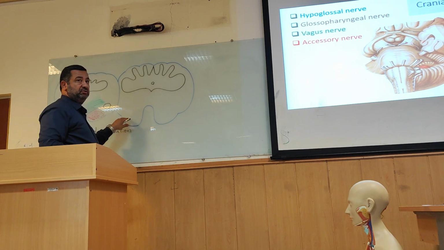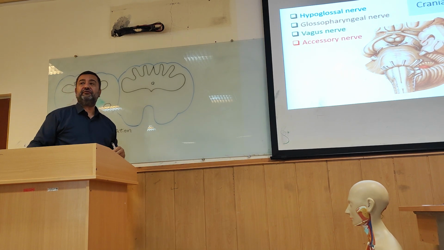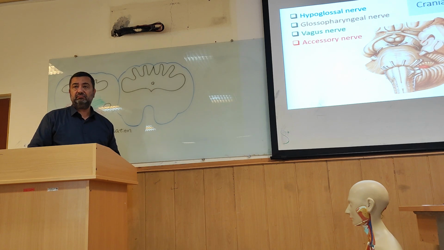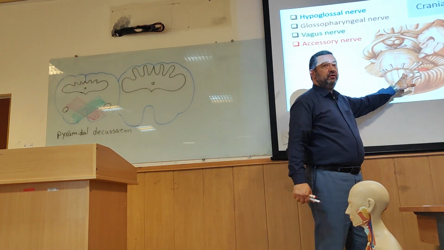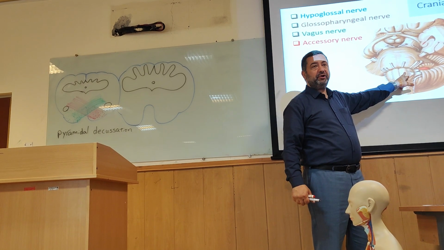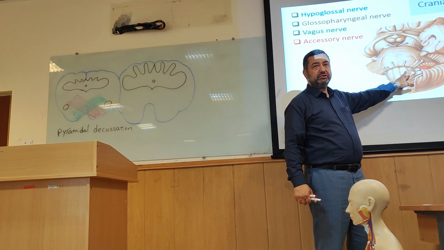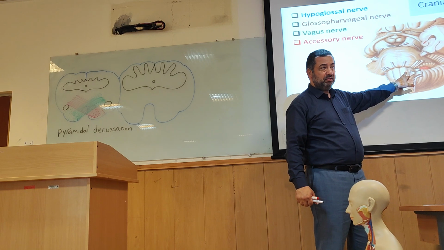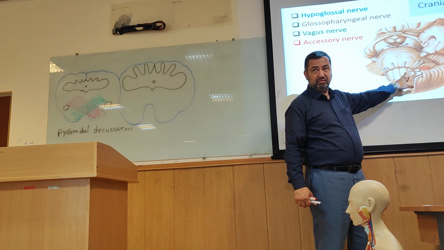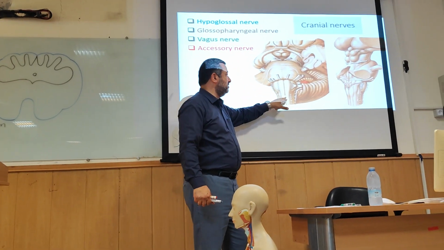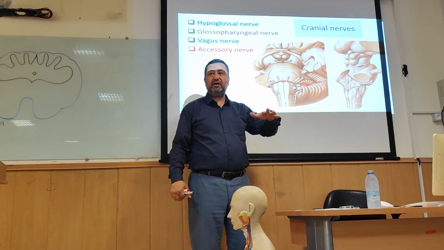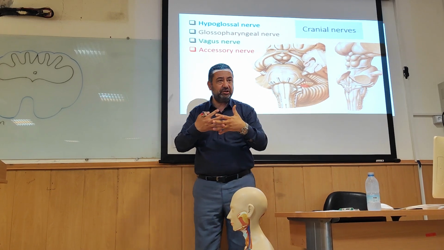In this part, the anterior part, which fibers descend? Here is the pyramid or pyramids. Under the pyramids there are corticospinal tract or pyramidal tract fibers. Yeah? These fibers descend, and in the inferior part of the medulla oblongata, make the decussation.